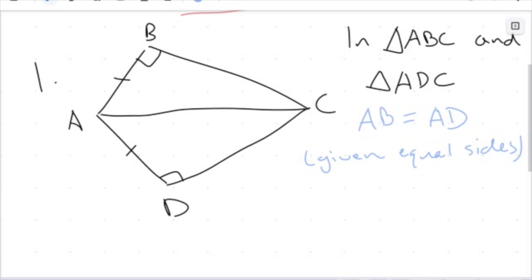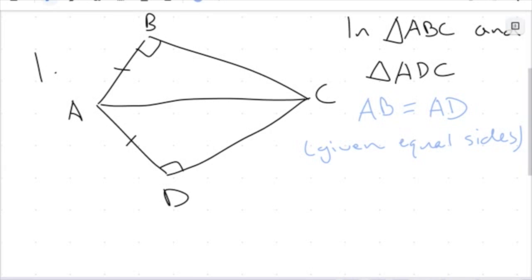Now, are we given anything else? Well, we can see these two angles are both 90 degrees. So they are the same. They are equal. So I can say angle ABC.